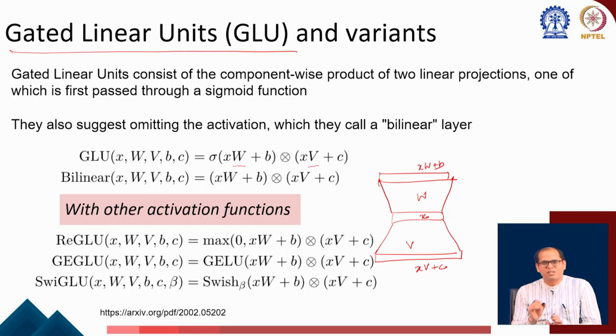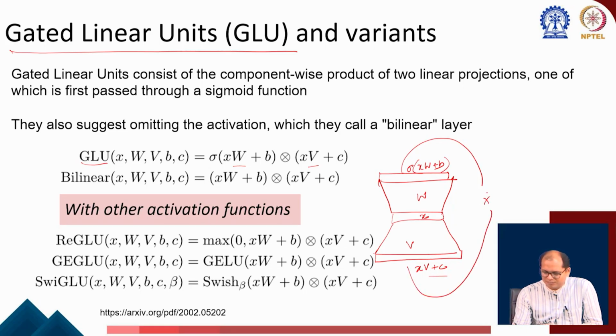Of course, you still want to put nonlinearity. So in one of the projections you do sigmoid or whatever you want. You can put ReLU also, but the original gated linear units had this sigmoid. So you have a sigmoid on this, no activation here, and then you take an element wise dot product.